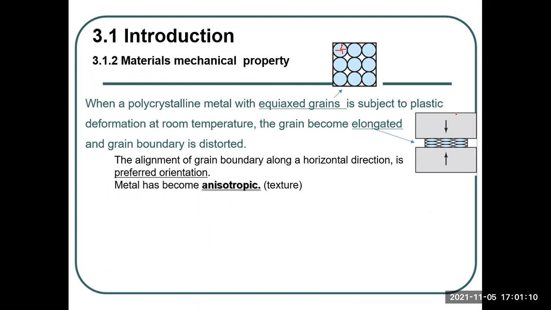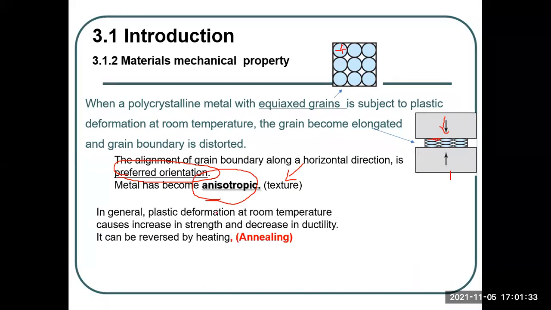But if we apply some strain in this direction, you can see the grain is actually elongated. In this case, we call it a preferred orientation. The metal has become anisotropic, which means it is textured.